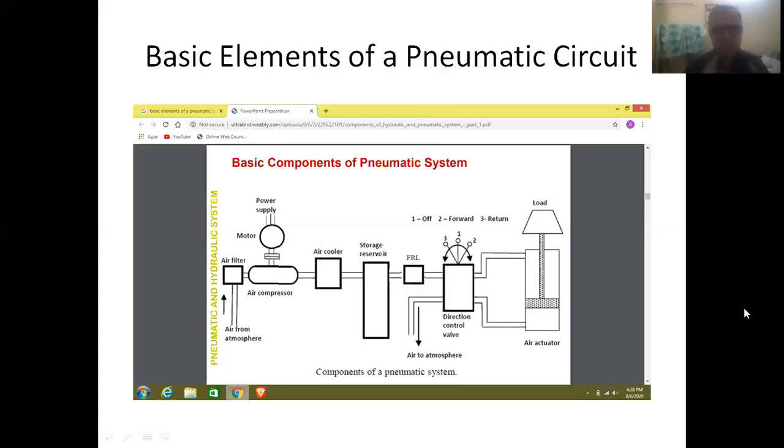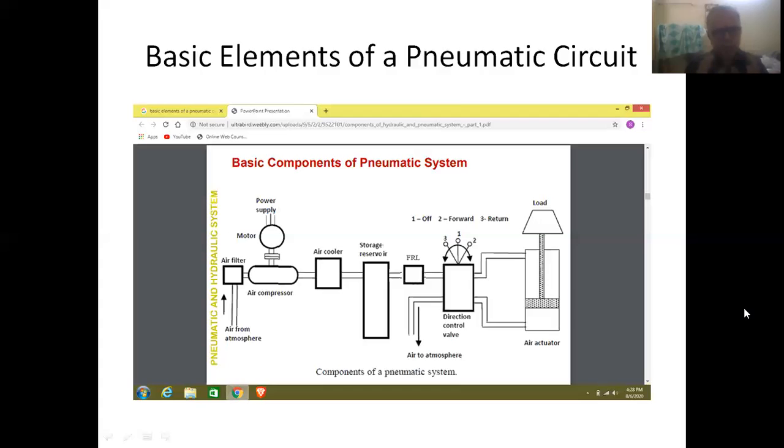So these are the items to be arranged in the pneumatic circuit. And the second one is called a regulator. As the name itself implies, this regulator is used for regulating the pressure of the fluid that is flowing in the system.